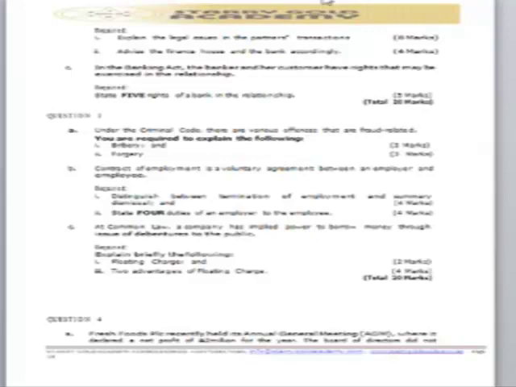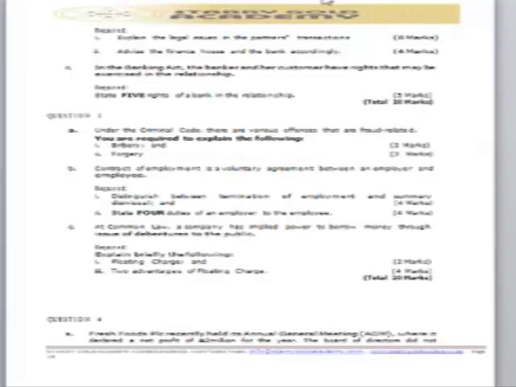Let's look at C. In the Banking Act, the banker and a customer have rights that may be exercised in the relationship. Required: state 5 rights of a bank in the relationship.